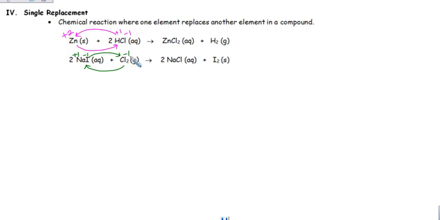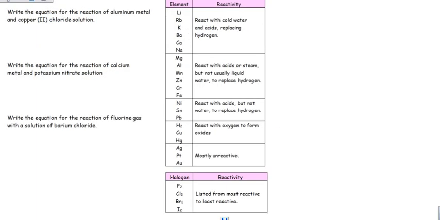And so once we establish who's going to switch with who, that's where we check the reactivity series. Is zinc more reactive than hydrogen? Yes. Is chlorine more reactive than iodine? Yes. Then those reactions will occur.